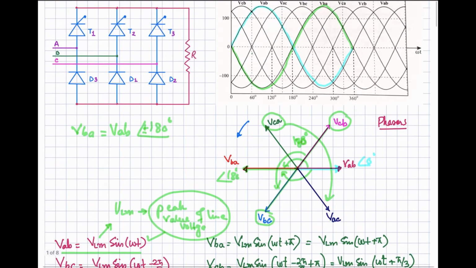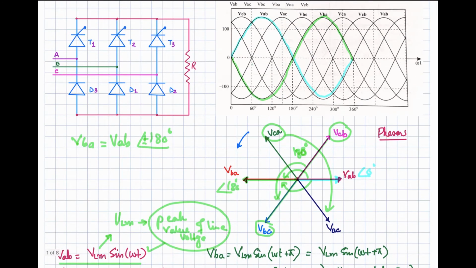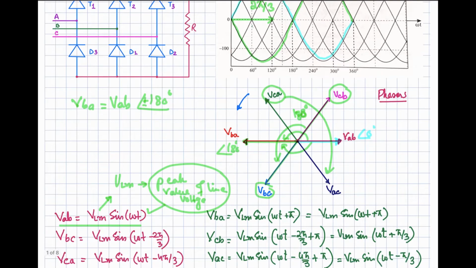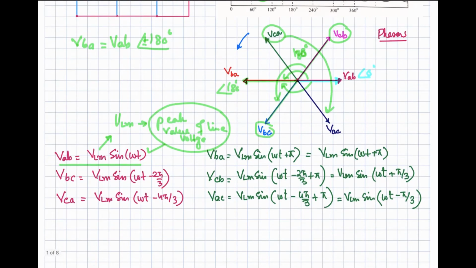Now if you represent VAB with this equation, then VBC will be represented with a delay of 2 pi by 3. So you can see over here, VBC is equal to VLM into sine of omega t minus 2 pi by 3. Here is the delay of 2 pi by 3. And VCA will be further delayed by 2 pi by 3, so its total angle will be 4 pi by 3.